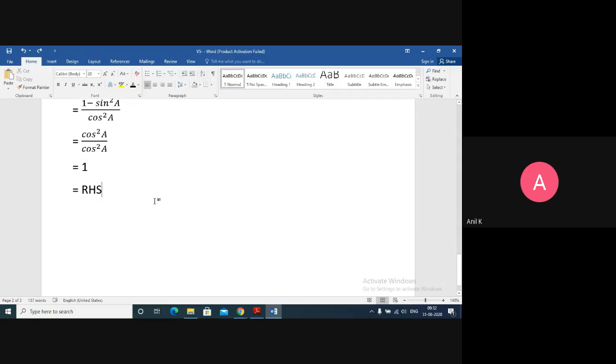In class 9th, whatever formulas you studied in polynomial chapter, a plus b whole square, a minus b whole square, a plus b whole cube, a minus b whole cube, then you studied a cube plus b cube, then a cube minus b cube. All these formulas, a plus b into a minus b, we are going to use in this trigonometric chapter.